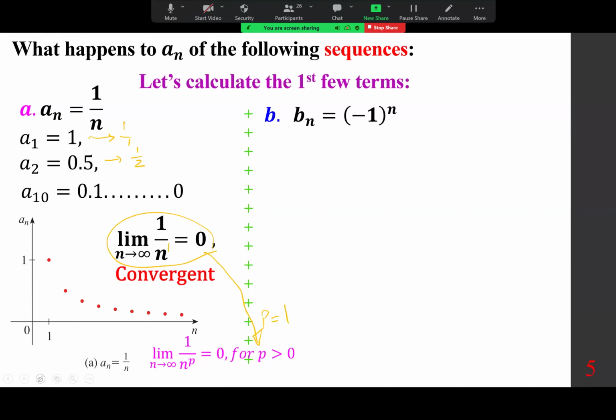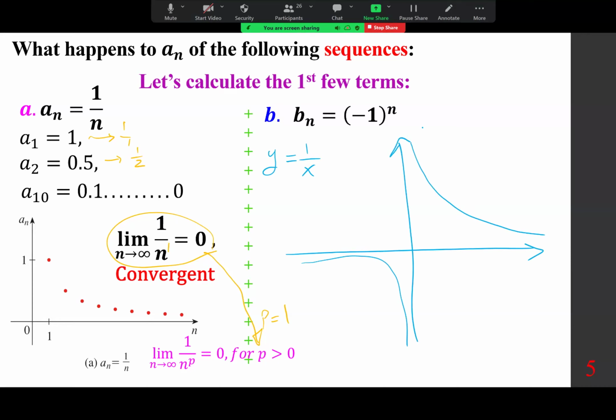But you may recall from algebra, f of x equals 1 over x. The graph looks like that with a vertical asymptote being the y-axis and a horizontal asymptote being the x-axis. So this is in essence this portion, of course, discretely.